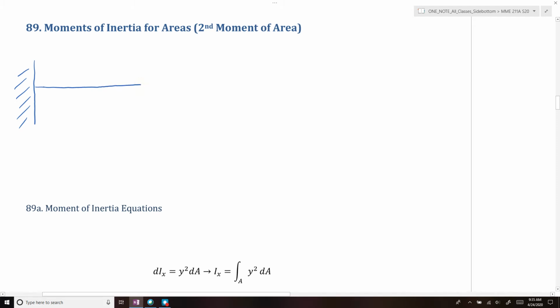We have one beam that has a cross section of a very thin thickness, and it has a very tall width here.